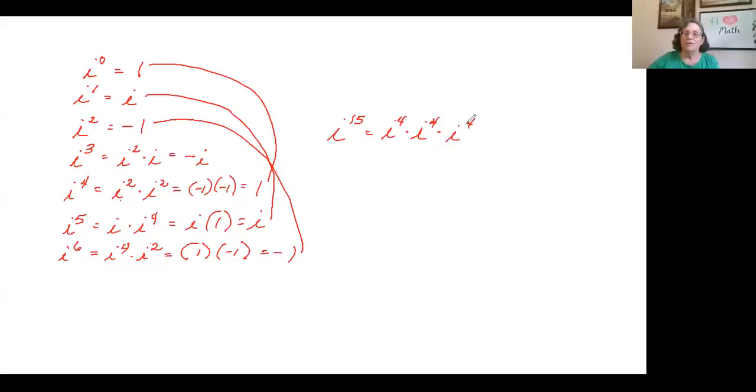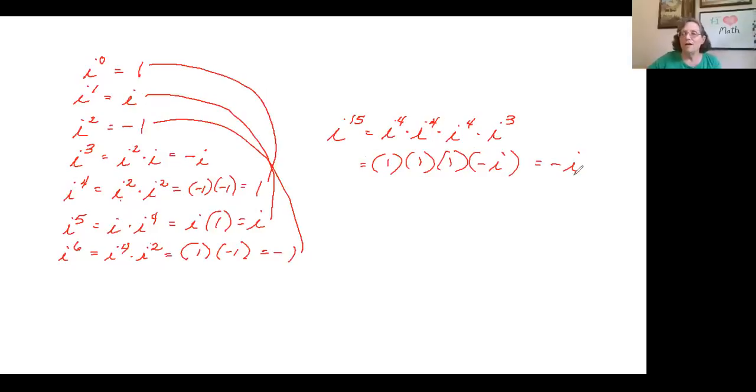So we've got 4, 8, 12, I need 3 more to give me 15. 4, 4, 4, and 3 add up to 15. So this is 1 times 1 times 1 times i cubed, which was a negative i. So it's just equal to negative i.